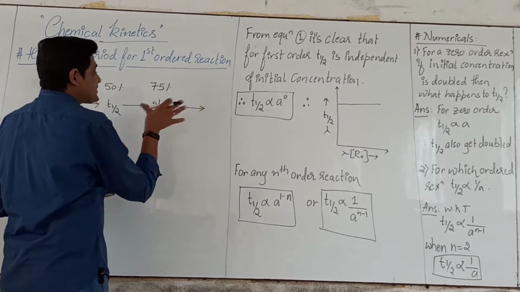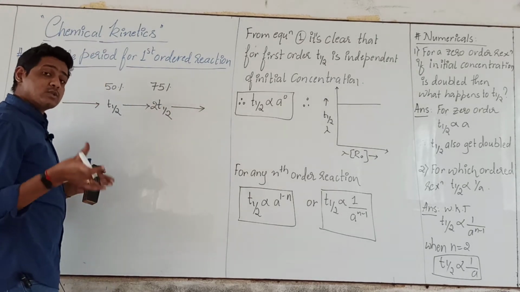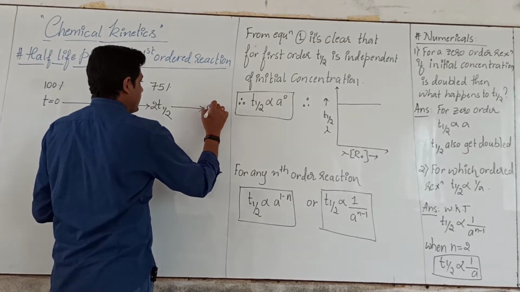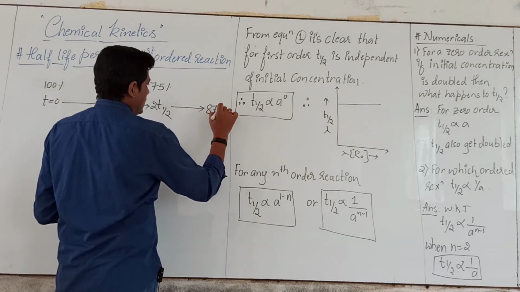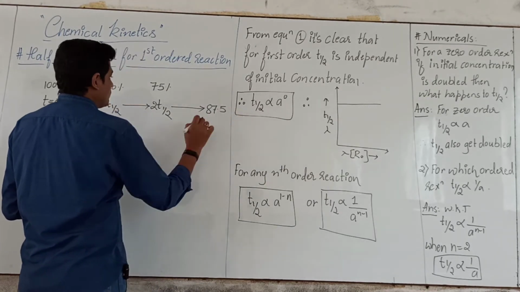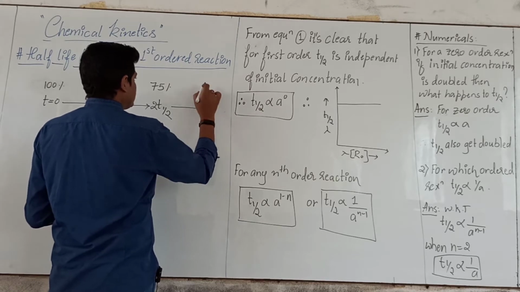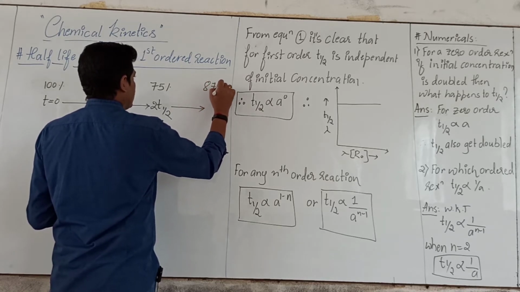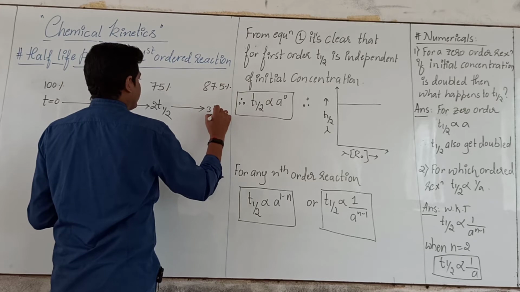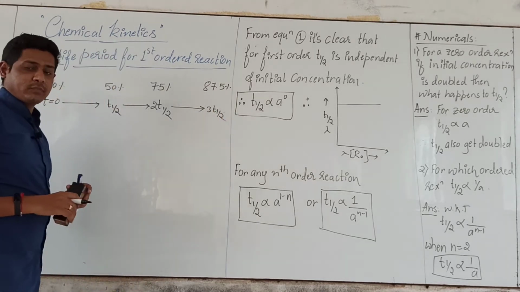Next, 25% is remaining, so half of that will come to 87.5%. Sorry, here I will write 87.5% means third half-life.